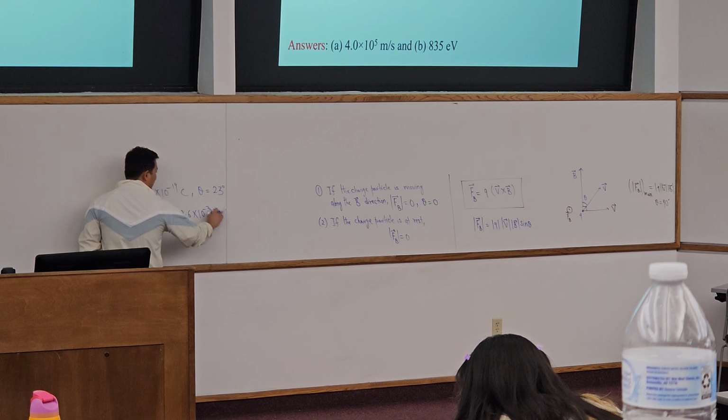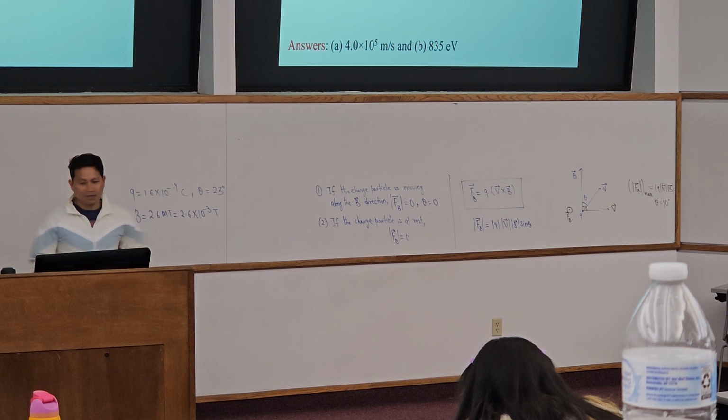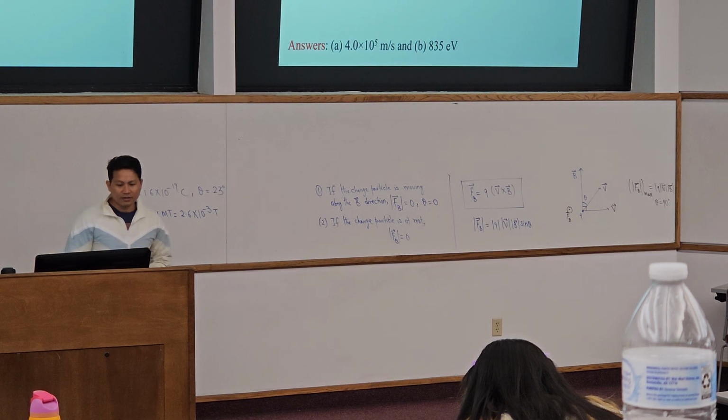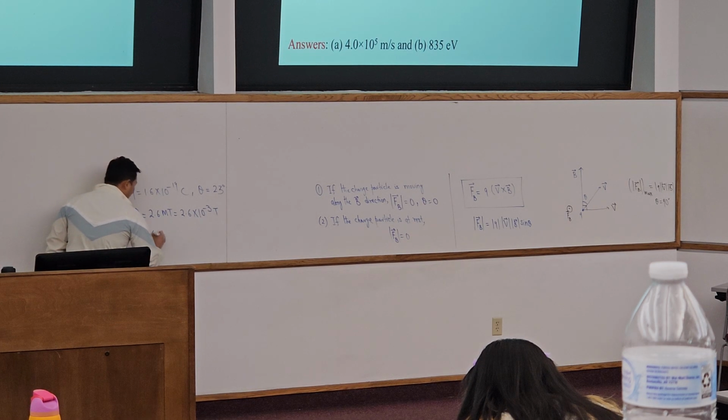There was a conversion factor over there because you have millitesla. It experiences a force. Fb is given, and the magnitude of the force is 6.5 times 10 power minus 17 Newton.